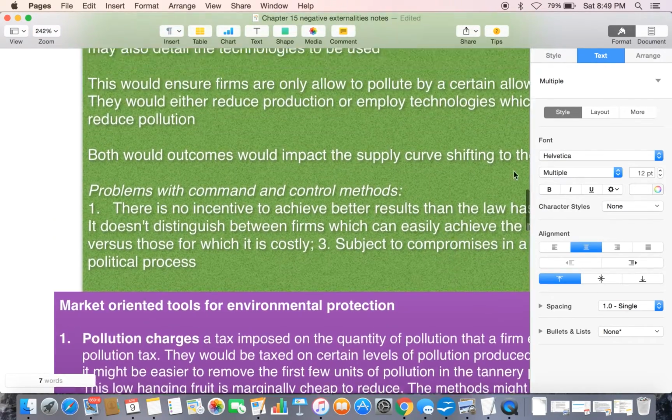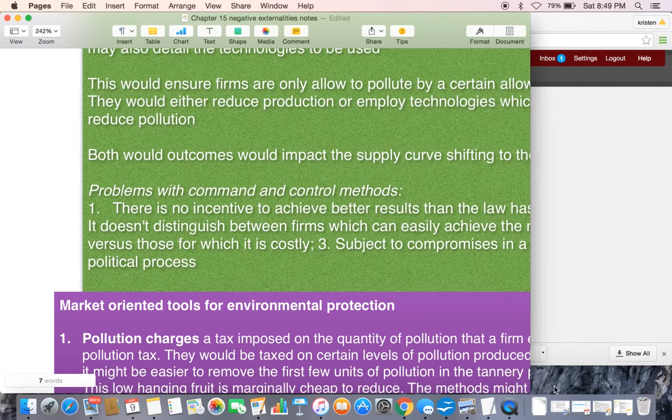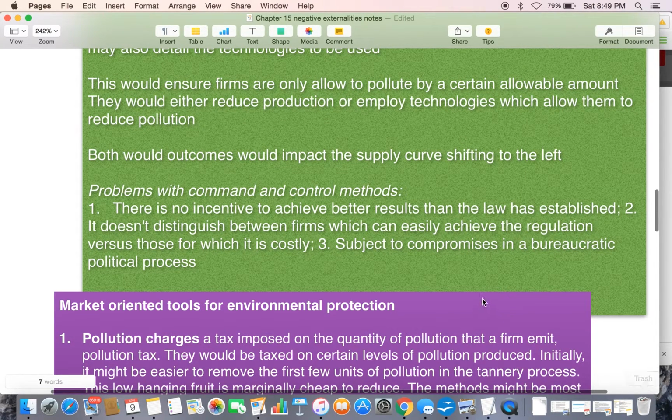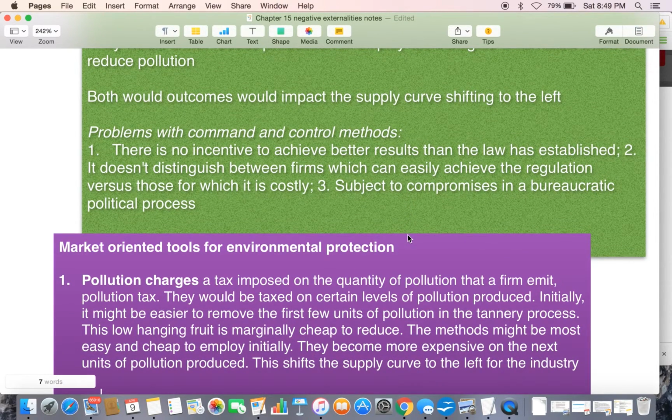So there's some issues with command and control systems. There isn't really any incentive to achieve better results than what the law has established.